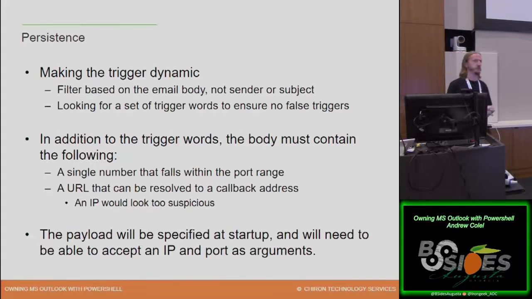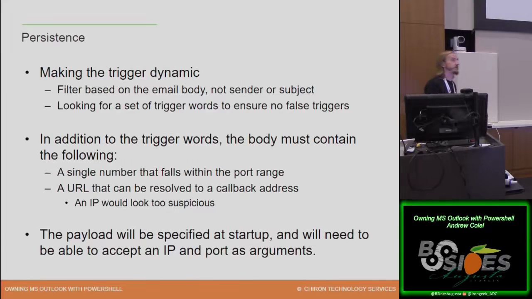You can't have superfluous and supercalifragilisticexpialidocious and crap like that all together, because people are going to notice those words recurring over and over again. But on the other hand, it has to be specific enough that it's unlikely that a false trigger will get sent. We don't want an actual email from a real person to trigger our payload either. So we need to find the 3 trigger words in the email. Additionally, we have to find a single number. The email can't have more than 1 number in it.